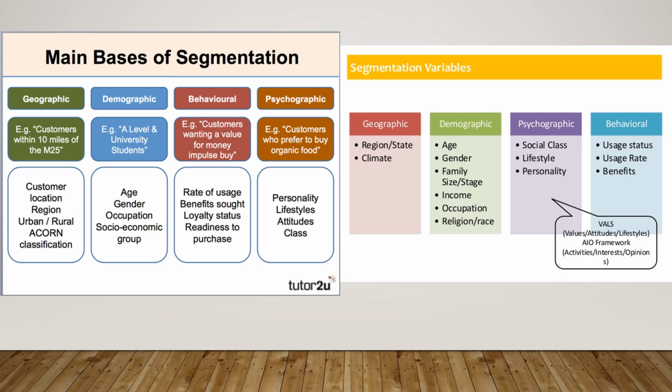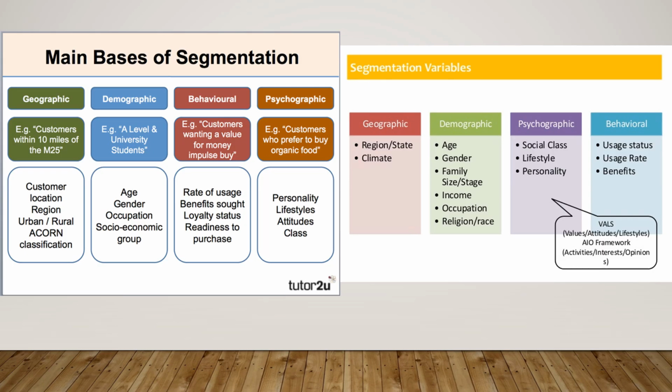Here you see two different models describing the different segmentation variables in the four most common categories of geographic, demographic, behavioral, and psychographic. What's interesting in this is they give you some examples of the types of reactions that people may have to campaigns and the different variables within each category. If you look at the model on the right, you'll notice in psychographic there's a note to VALS, or values, attitudes, and lifestyles.